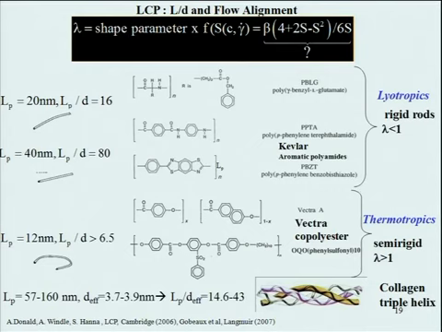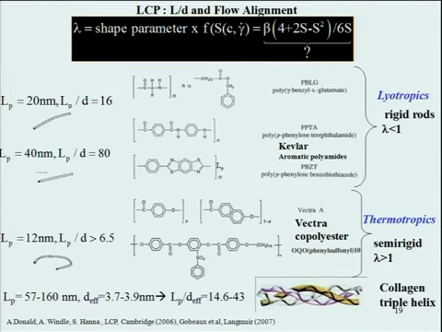And for things that are more floppy, like copolyesters, etc., these L over Ds are much lower, lower than 80 or 16. So these are semi-rigid polymers. This tumbling parameter many times is greater than 1, so they flow align in shear.